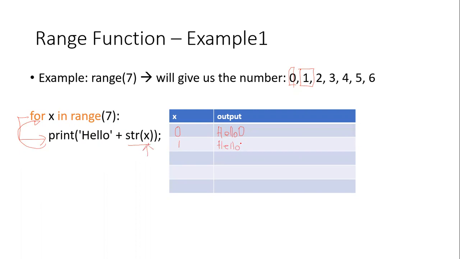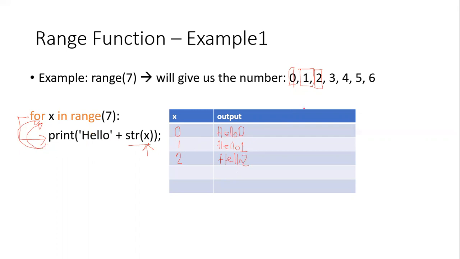And this time, x is 1. So it's going to print hello 1. Go back up, and x now takes on the next value in the range, which is 2. And it's going to print hello and the value of x, which is 2. I think you should be getting the idea now. We can go a lot faster.